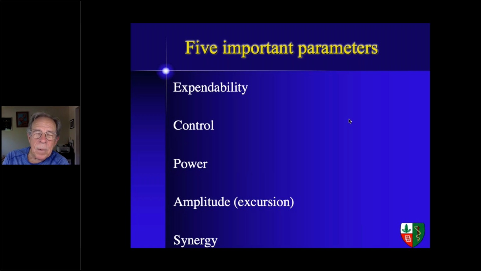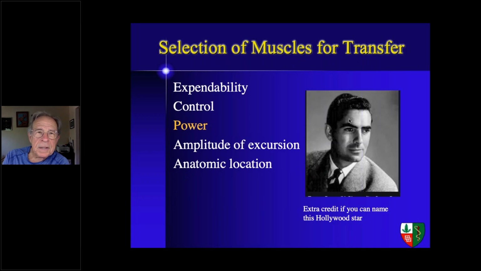And by that, I mean, we have to be very careful in using a formerly paralyzed muscle for a muscle tendon transfer. The muscle has to have sufficient power, and it has to have sufficient amplitude. And it's certainly ideal if the muscle that we're using has a function that's synergistic for the muscle that we hope to replace.